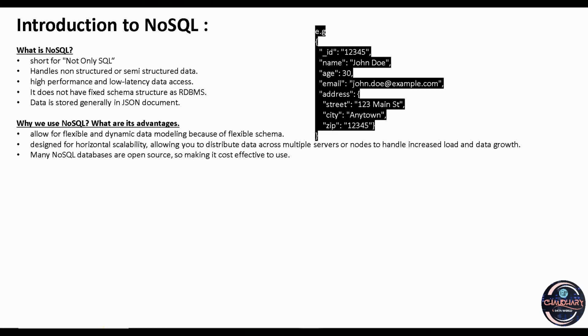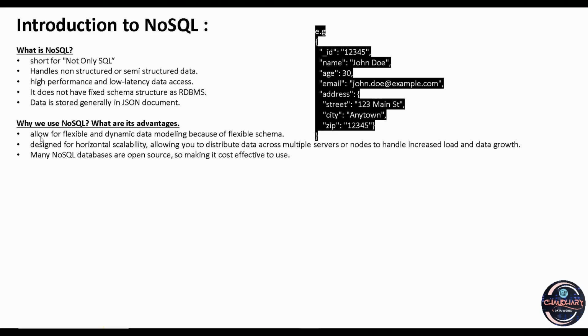Now the next question is, why do we use NoSQL? It means there should be advantages. Till now you must have got the basic and biggest advantages: it has high performance, it can handle non-structured or semi-structured data, all these things are advantages, right? But specifically I have mentioned a few more advantages.